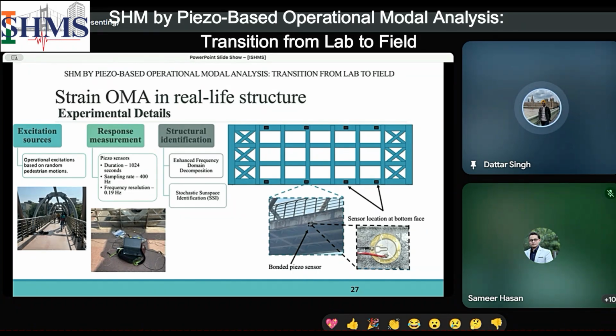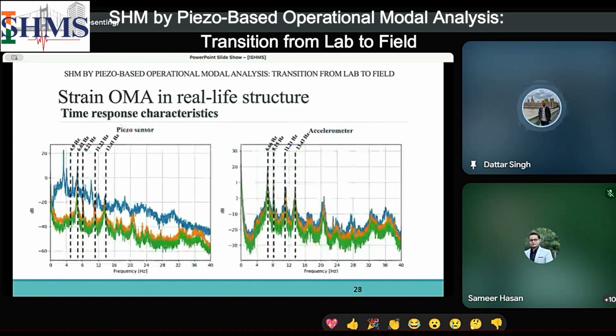We have placed 8 piezo sensors and 1 single accelerometer. Now, first we compare the modes identified from a single piezo and a single accelerometer. We can see that the first five modes were identified by the piezoelectric sensors. However, the first mode was missed by the accelerometer.